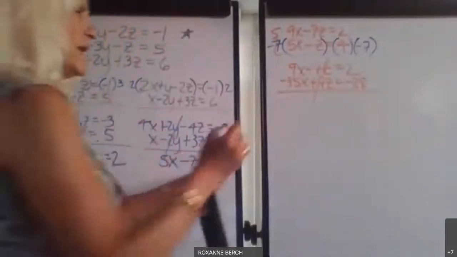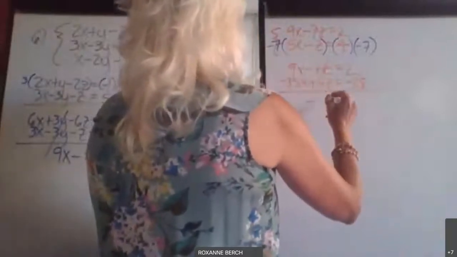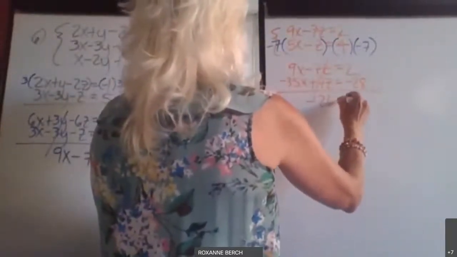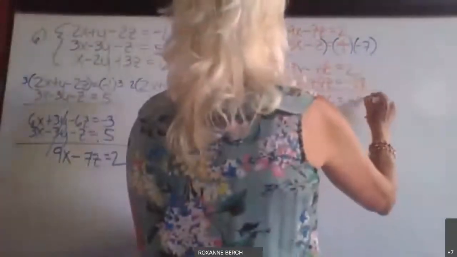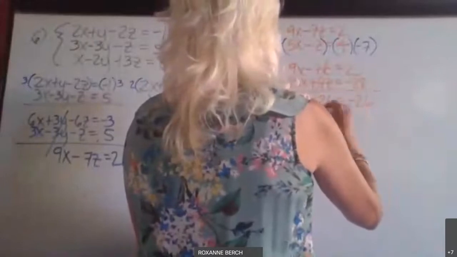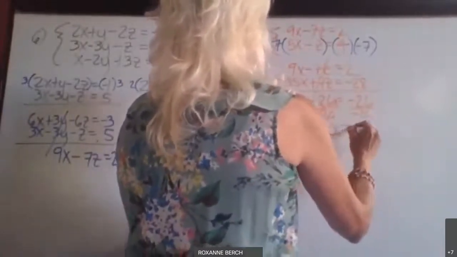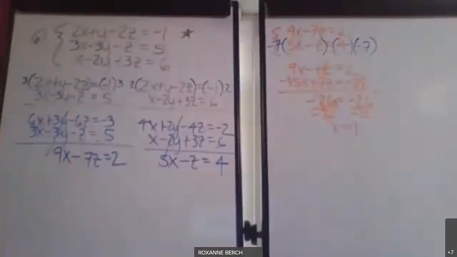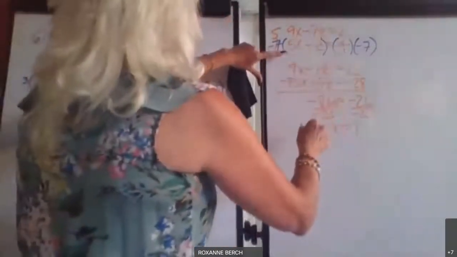So now we get a negative 26x and a -26. So x equals 1. I'm going to substitute back into one of these to find z.